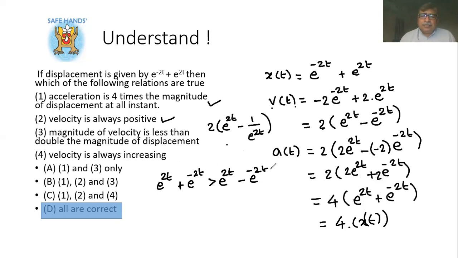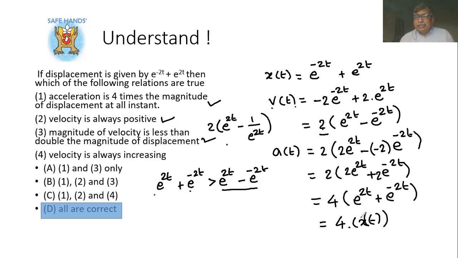And because of this relation, it is obvious that the value which is of velocity is less than the magnitude of displacement, and there is a factor 2. So the magnitude of velocity is less than double the magnitude of displacement. This also is correct.